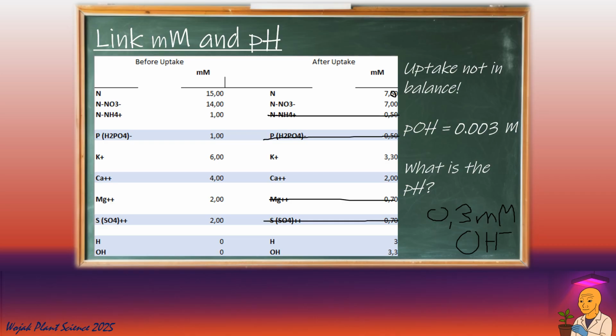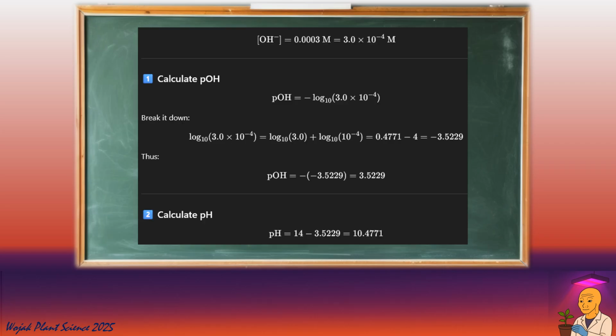So we calculate the pOH, and that's wrong, by the way. There is a 10 missing. You see, I'm only human. So let's see what ChatGPT calculates. Okay, so what does ChatGPT bring us?